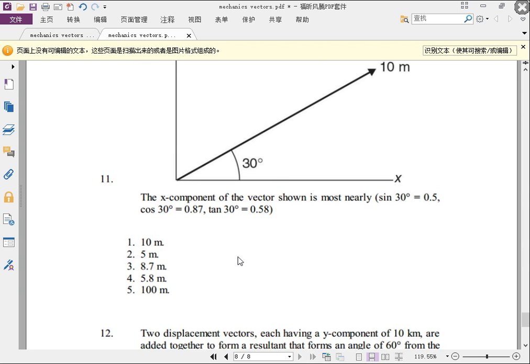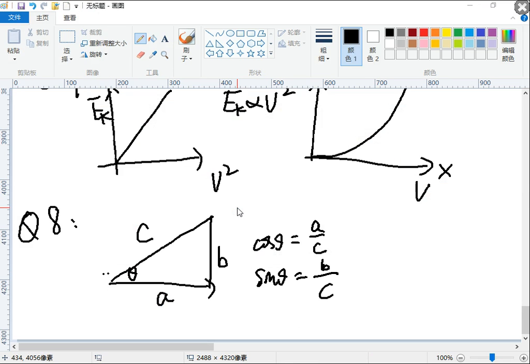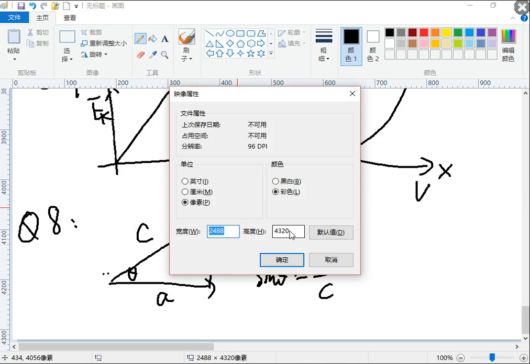The next question, the x component of the vector is most nearly. X component again. How to deal with x component? Of course, you should be familiar with cosine and sine this time, because it's always the same thing.